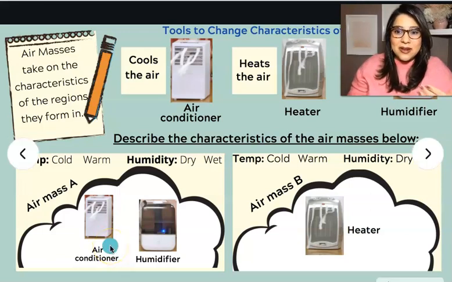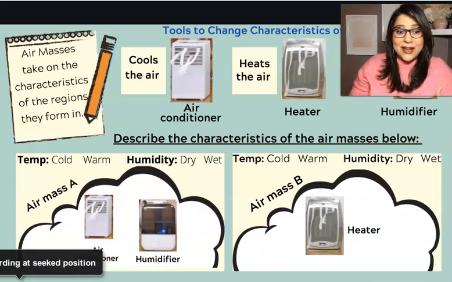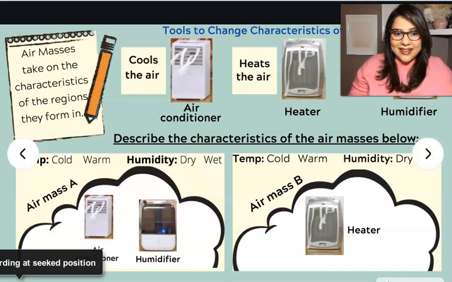So I'm going to say that the temperature is cold. Now there's a humidifier, and we know humidifiers add water to the air. So I'm going to go ahead and circle wet for humidity. Therefore, I can say that air mass A is cold and wet.